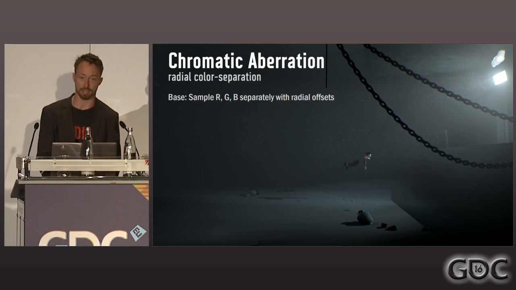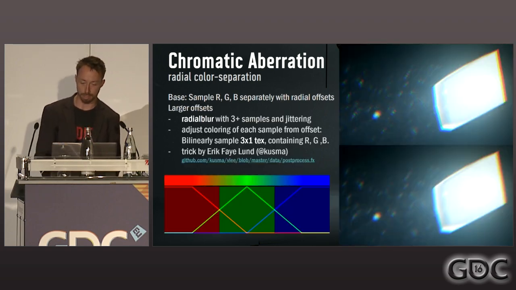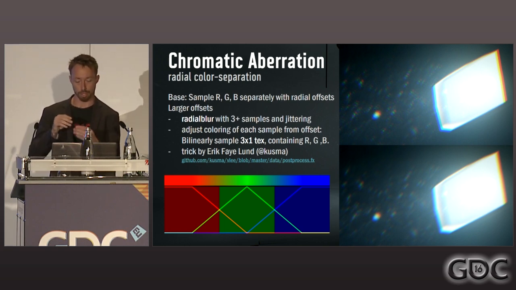But in situations like this underwater, we use rather large offsets, which means that we then get this triple image effect that looks weird, whereas really what we wanted was a rainbow-like effect. So a trick to fix that is something we found in the demo scene, which is to use a red, green, blue texture, and then we do a radial blur, and in our samples of the radial blur, we also sample through the red, green, blue texture to get the weights of each sample.